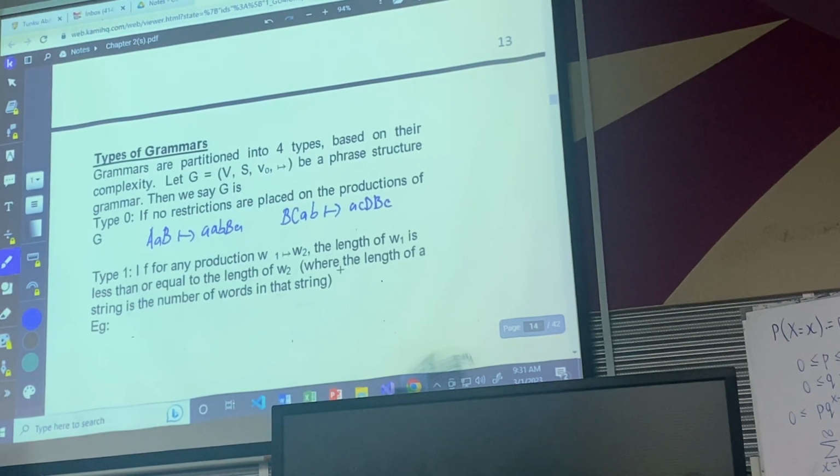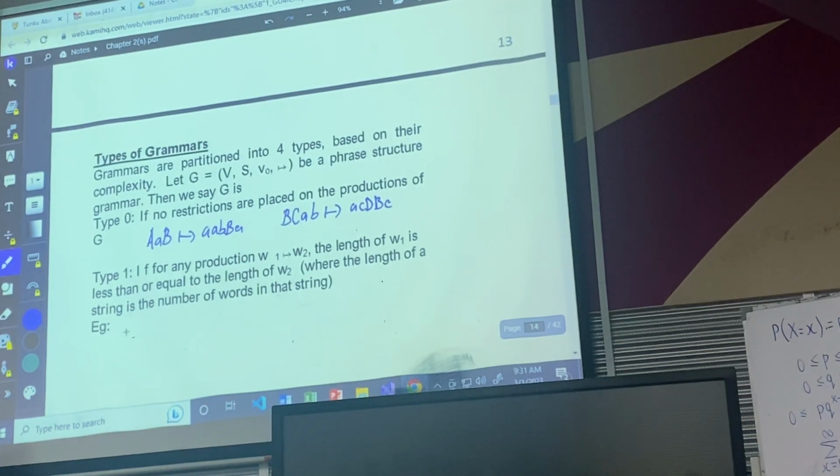Here, a little bit of constraint we have is that the string on the left hand side should be either less than or equal to the length of the string at the right hand side.